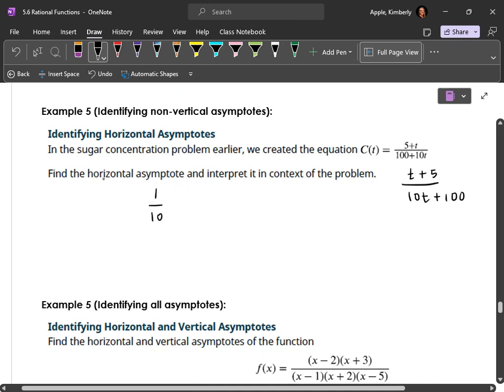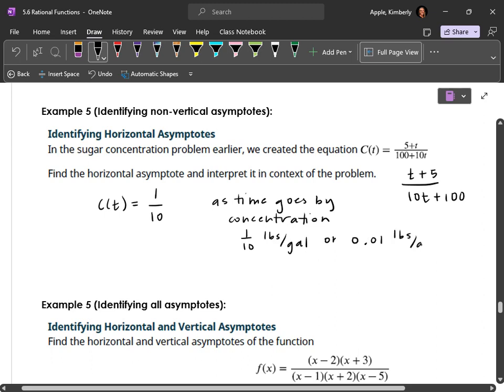And so we're going to have a horizontal asymptote at C of t equals 1/10. And what that means is that as time goes by, the concentration will approach 1/10 pounds per gallon. Or you could also say 0.01 pounds per gallon, whichever is your preference.